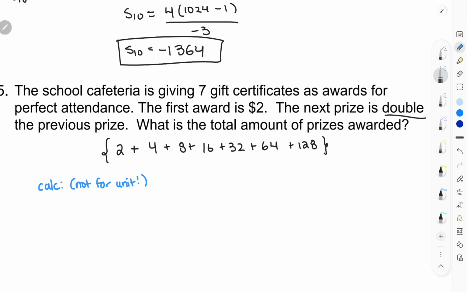I don't want to see this on your assessments, but we can think this: 2 plus 4 plus 8 plus 16 plus 32 plus 64 plus 128. It gives me $254. That's not an efficient strategy at all. It does not show your understanding super well of what we're really doing here, the communication of this unit. But worst case scenario, I have a final dollar amount. I can check my answers with that.